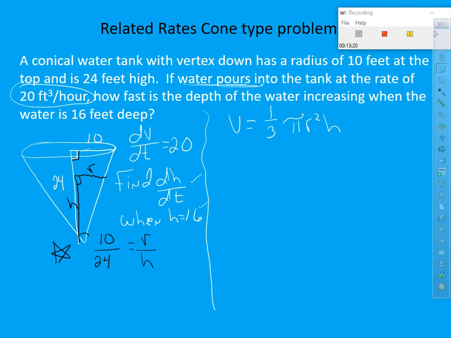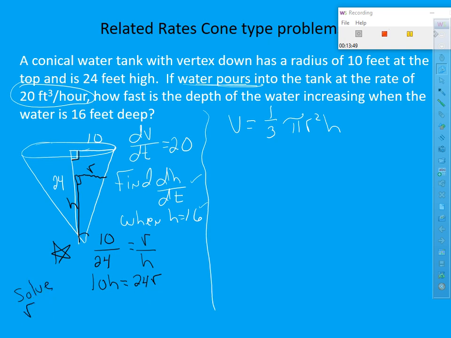I'm going to cross multiply at this moment, and then I'm going to pause. I'm going to say that 10 times h is equal to 24r. Now, let's go back and think for a second. Do we want to keep r's or h's in the formula? And we definitely want to keep the h's. So I'm going to solve this thing for r.